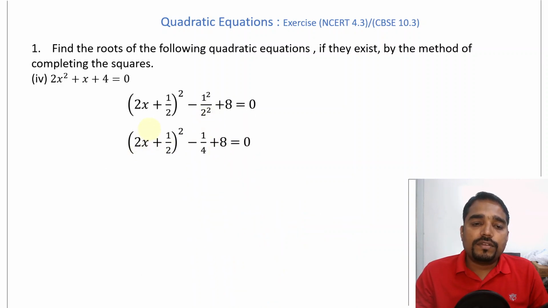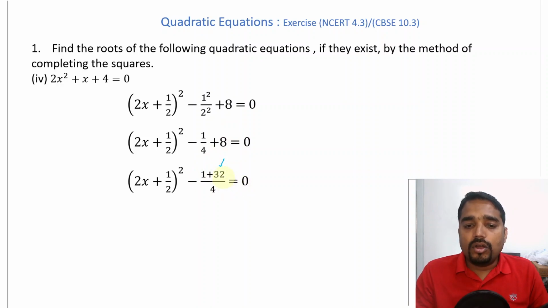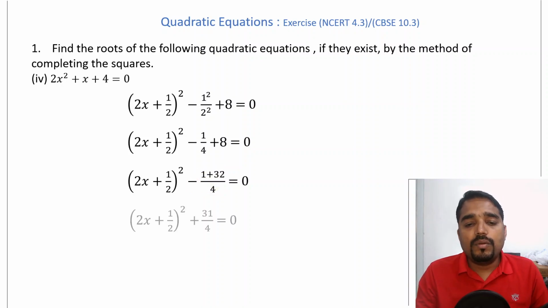Therefore, first term would remain as it is, minus 1 by 4 plus 8 equals 0. Now upon taking 4 as LCM, we would be getting 4 8s are 32 here, and minus 1 divided by 4 is equal to 0, or plus 32 minus 1 is equal to plus 31 divided by 4 is equal to 0. Upon transpose of plus 31 by 4 towards RHS, we would be getting minus 31 divided by 4.